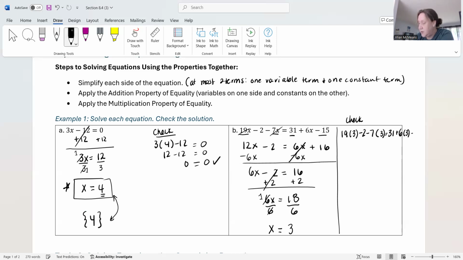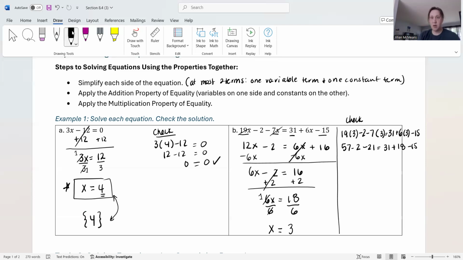Remember, x is really 3, minus 15. I know this is a little scrunched. Sorry about that. Okay, so let's see. 19 times 3, that's going to be 60 minus 3. I think that's 57 minus 2. And then 7 times 3 is 21, so we're going to go minus 21 equals 31. Plus 6 times 3 is 18, minus 15.